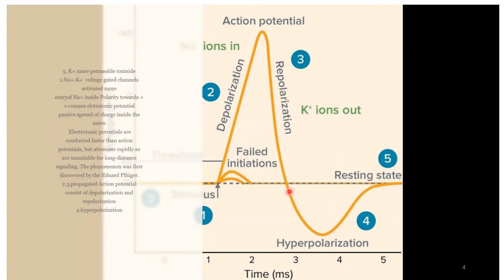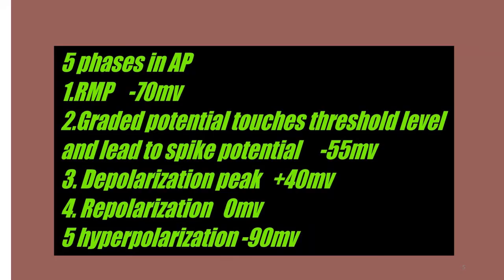After that, potassium ions continue to exit. And in this phase, 2 potassium ions come inside and 3 sodium ions go out. So there are 5 phases: the resting membrane potential, then graded potential, then depolarization, repolarization, hyperpolarization, and again the resting membrane.